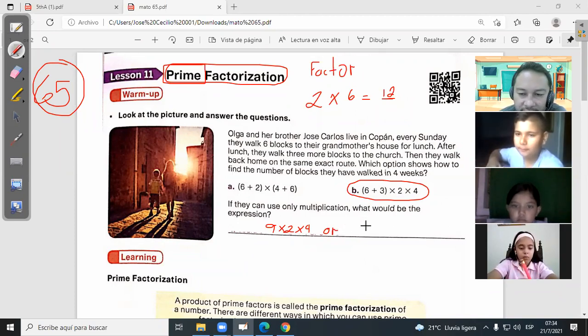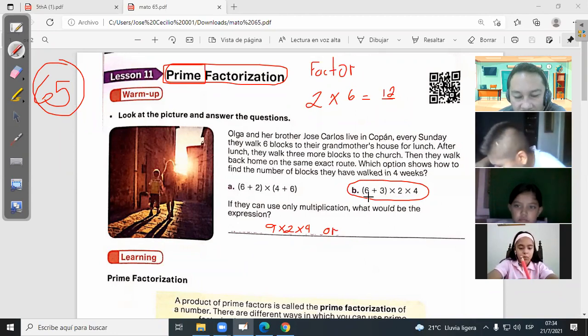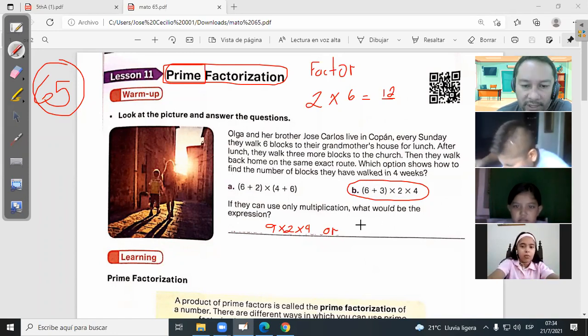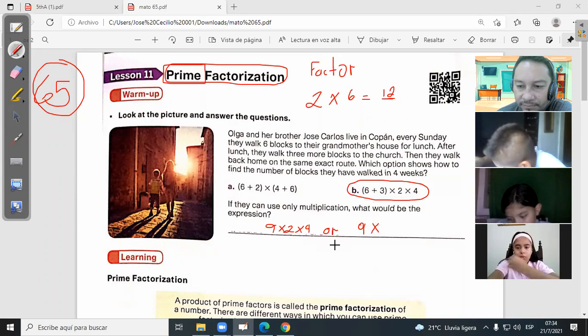Remember that the numbers you have inside the parentheses are the first thing you are going to solve. 9 times, I don't know, 2 times 4 is 8. So 9 times 8.